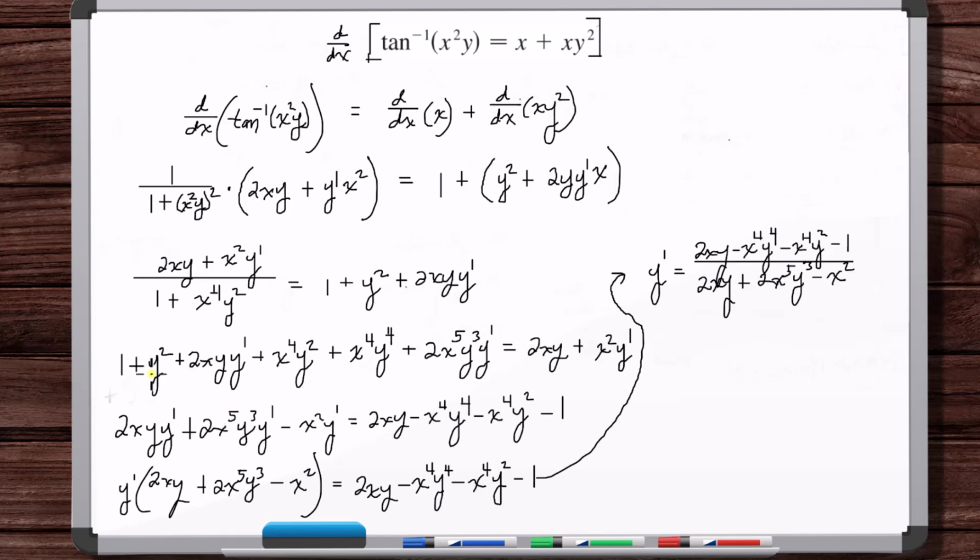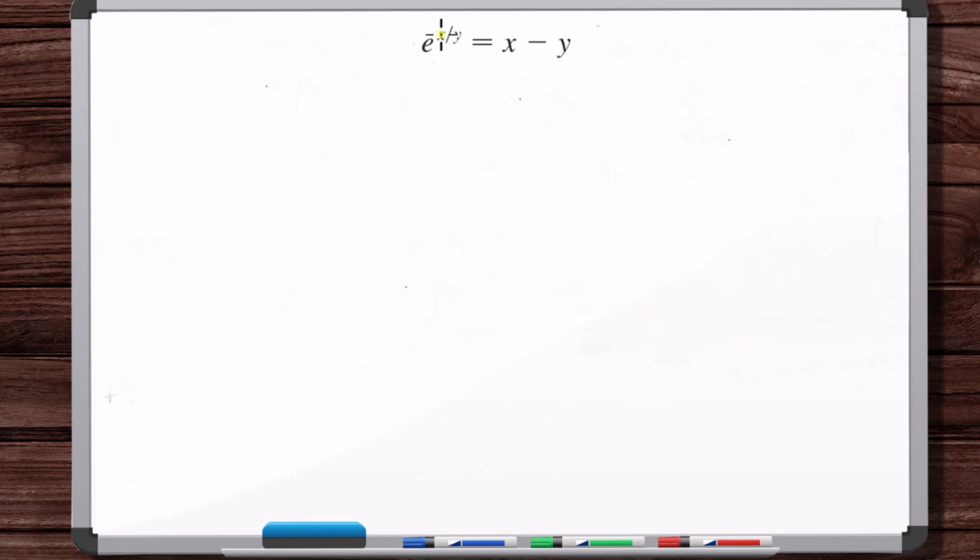I left out this y squared, so there needs to be a y squared here. Okay, so this also includes y squared, and that is y prime.